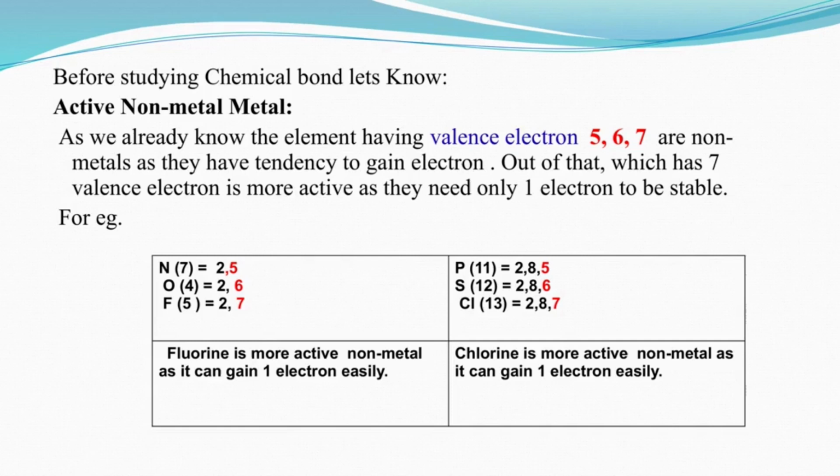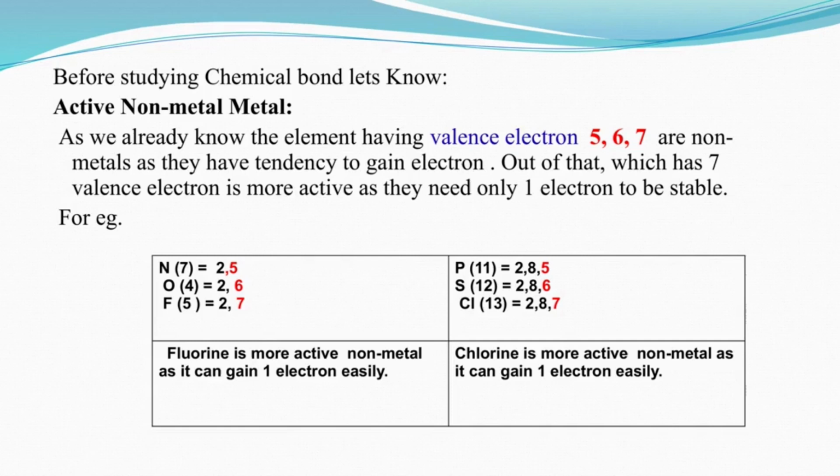Which one will be active non-metal? For this, the one which has 7 electrons in its valence shell, requiring only 1 electron to become stable, is more active. If you see the table, nitrogen, oxygen and fluorine have electronic configurations 2,5, 2,6 and 2,7 respectively.